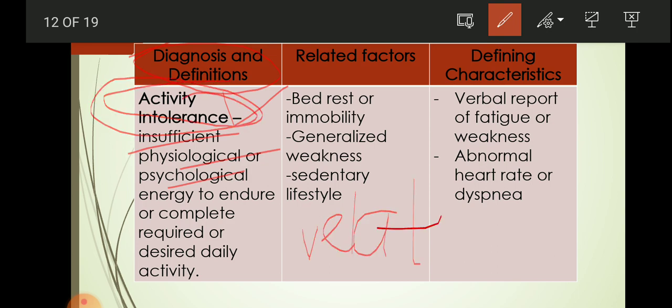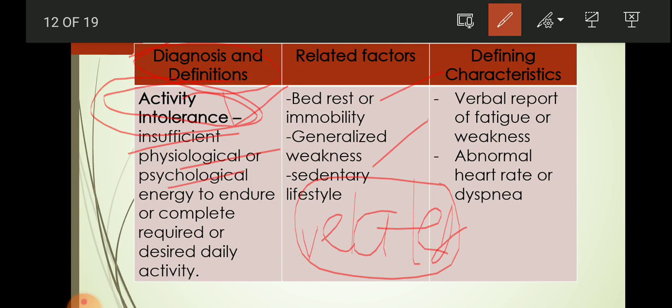What can we relate it to? It could be bed rest or immobility, or generalized weakness. For example, your patient is suffering from a left-sided brain injury. Once the left side of the brain is affected, it will create a lateral effect. So the effect, guys, is that the right side of your body will be paralyzed or suffer weakness.